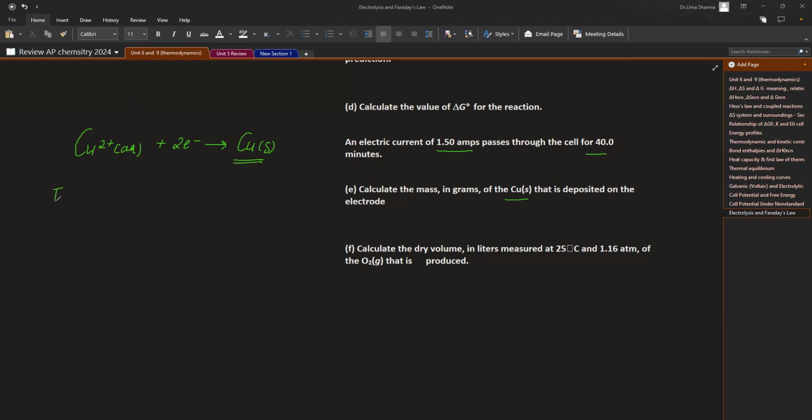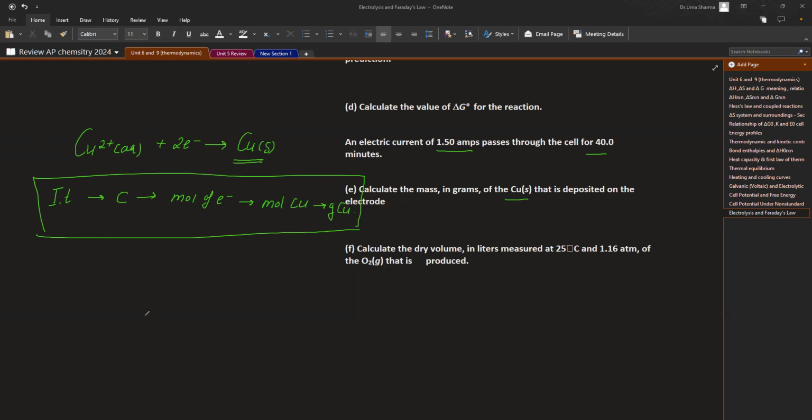So you will multiply I with T, you will get coulombs, you will convert that into moles of electrons, you will convert moles of electrons to moles of copper metal to grams of copper metal. Can you give me the final answer? I've given you that thinking, the planning. Now you just convert this into a dimensional form and get the final answer.